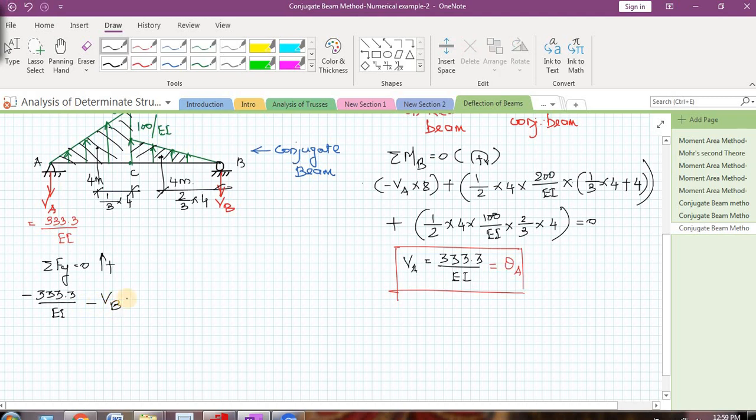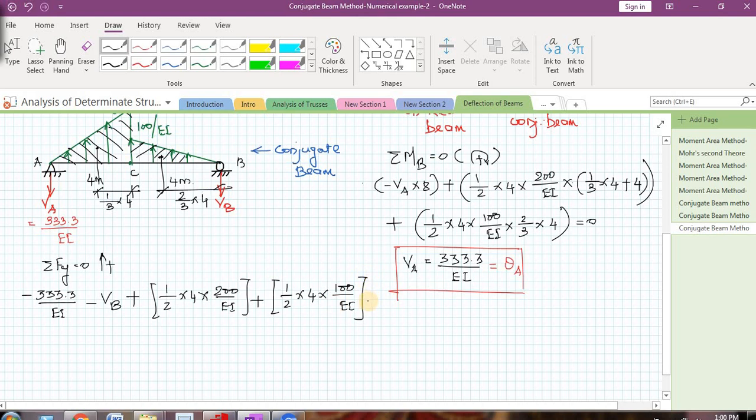minus VB, and all the load will be positive because it is upwards, plus, the left hand side load is half of base 4 and height 200 divided by EI, plus on the right hand side half of base 4 and height 100 divided by EI.